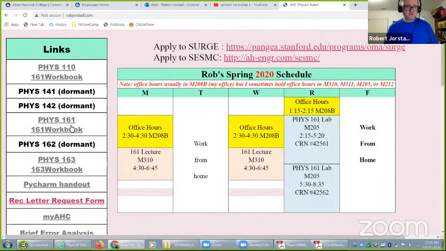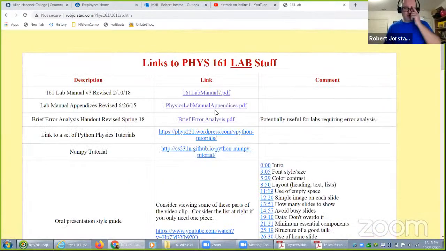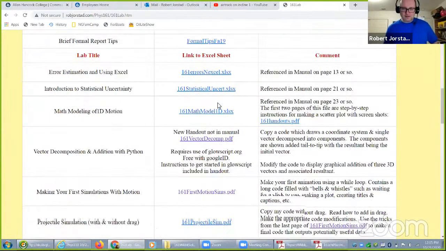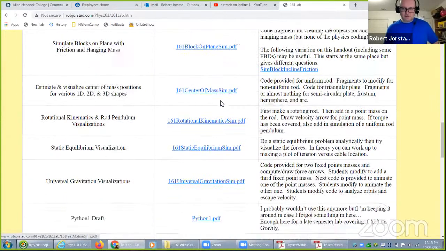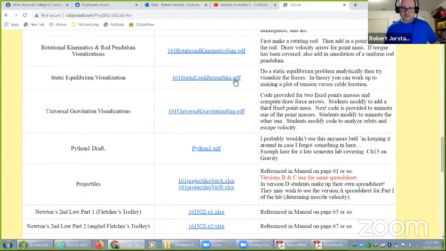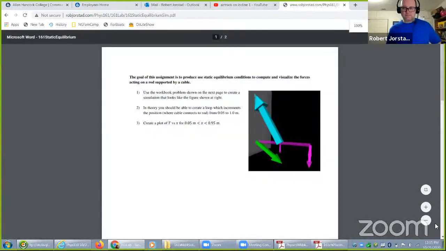Okay, so we're doing 161 lab. I just want to show you something. These are some different coding ones. I think it's this one. No, it's not that one.